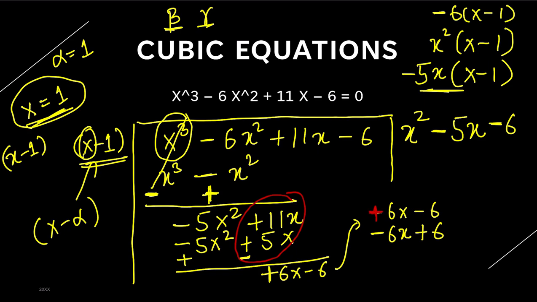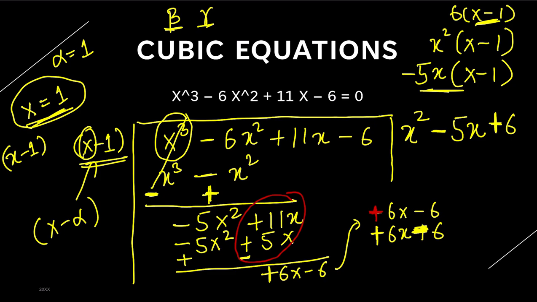So instead of minus 6, I need plus 6. I made the mistake here. So for the 6x, what do we need? We need plus 6 to make it 6x minus 6. I hope this is clear. So x minus 1 we have, and we need plus 6x. How do we make plus 6x?